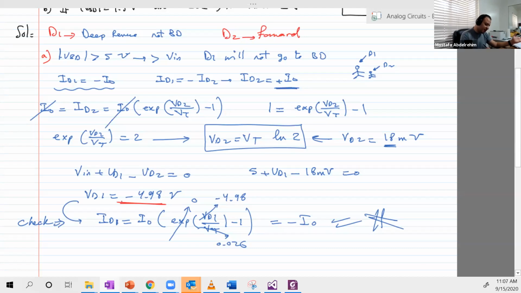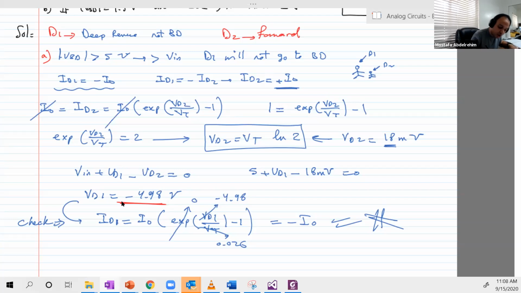You should say right, yeah, okay. And in B, V breakdown is 4.9. So it's reasonable now to assume that D1, which we know is reverse, is in reverse and breakdown. And D2 is still forward.